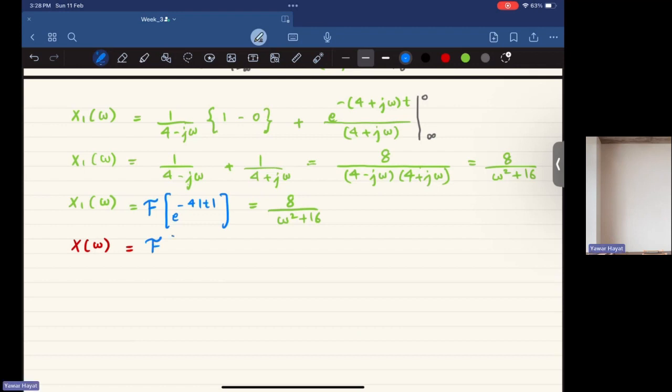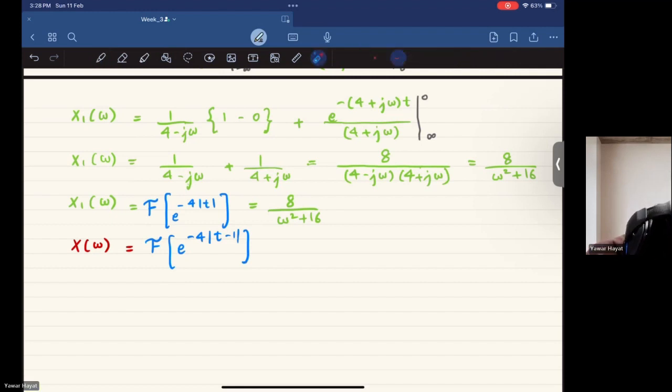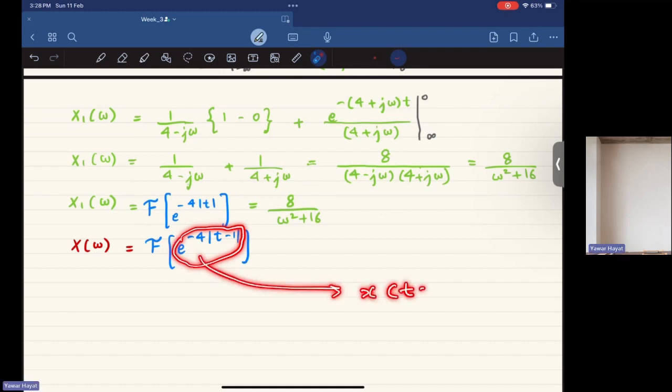This X of omega, by definition, the way I have defined this, is the Fourier transform of e to the power minus 4 modulus of t minus 1. Am I right? Yes, this is what X of omega is by definition, and this is what we wanted to compute. So if this is x of t, do you agree that this would be x of t minus 1, right?